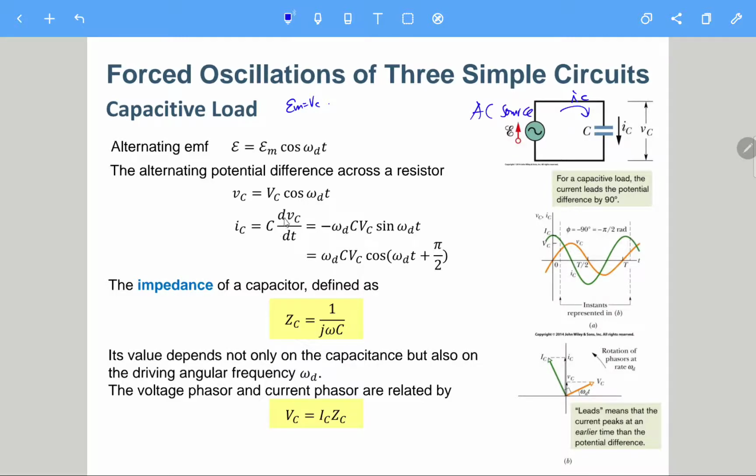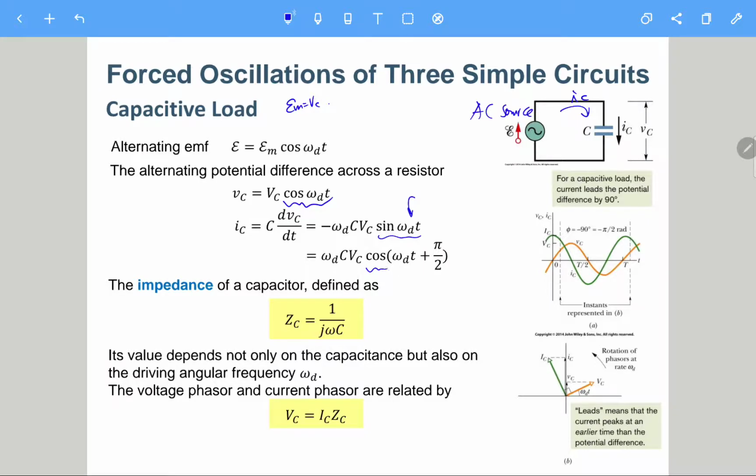Which means that we can plug this in here and then take the derivative. So we have C V_C and then take the derivative, which becomes minus sine omega_d t. And then by the chain rule, we also need to multiply by omega_d. So finally we have omega_d C V_C sine of omega_d t, with a minus sign. And of course this is cosine and this is sine, so we can try to shift this sinusoidal function.